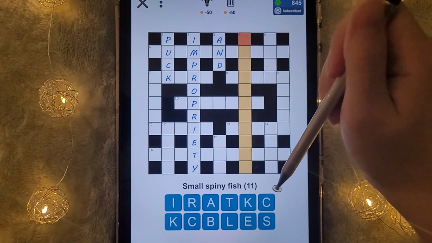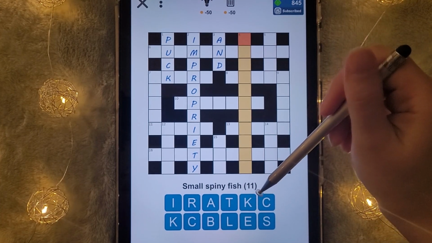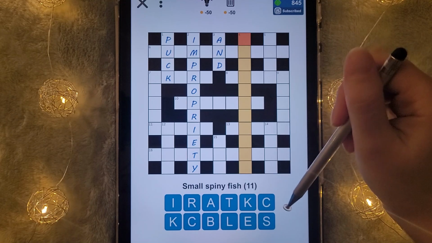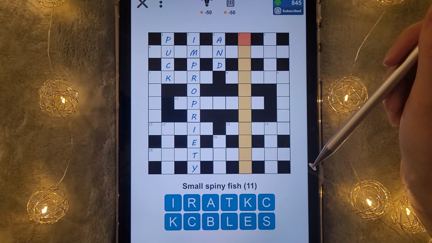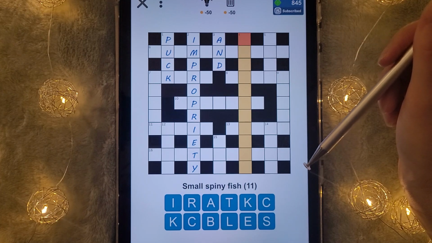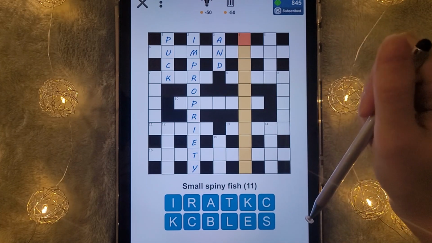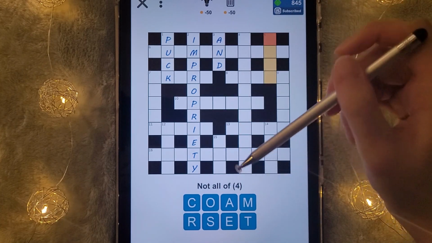Okay, let's do 4. A small spiny fish. Oh no, I do not know my fish. Small spiny fish. I think I'm gonna have to come back to that. I'm not too sure right away.